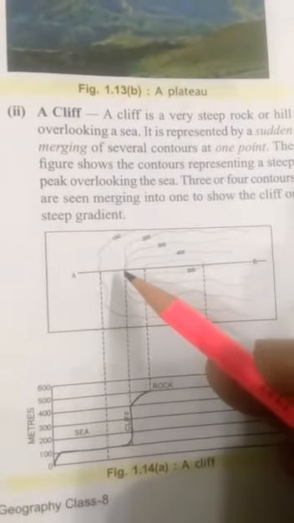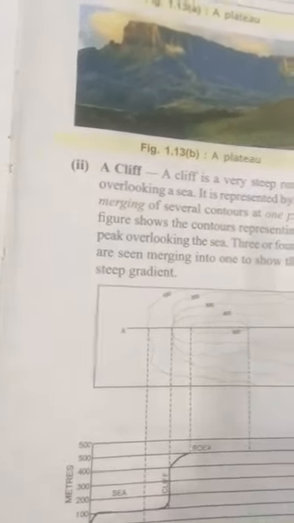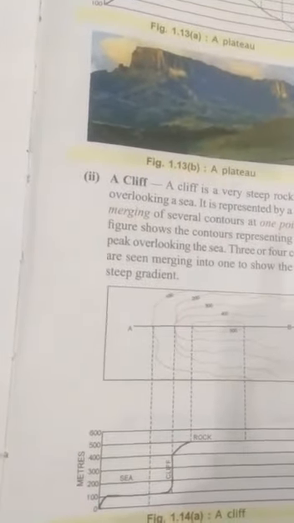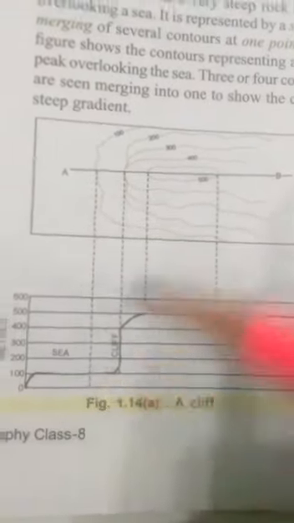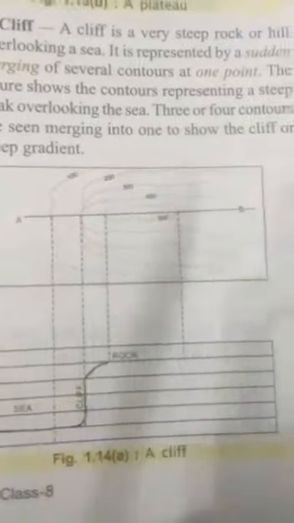They appear to be meeting at a point here, and since they meet or merge, they show the cliff or steep gradient here. Similarly, a cliff appears like this, but if its aerial view would be taken, then it will appear like it.